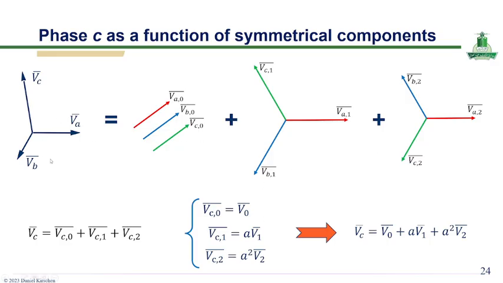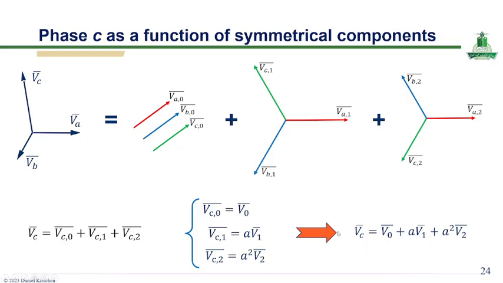As you can see, we can do everything similar to the other phases for phase C. So for phase C, we see the zero sequence is equal to V0, VC1 is equal to AV1, and VC2 is equal to A2V2.